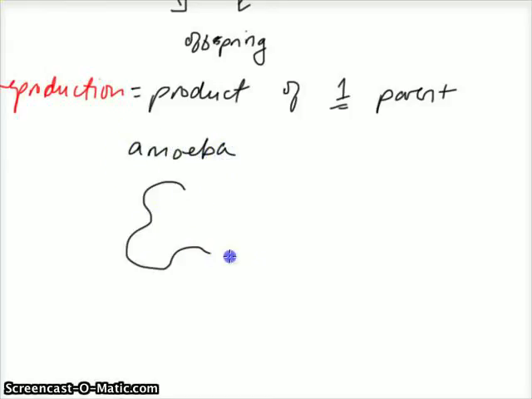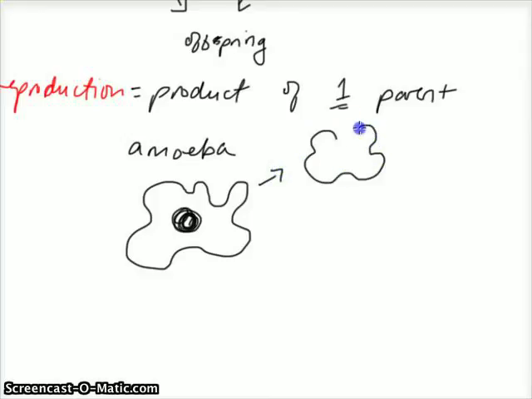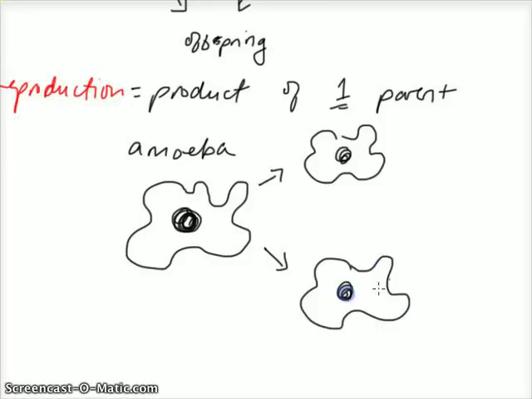An amoeba is a simple eukaryotic organism, meaning it has a nucleus, and it divides by mitosis and cytokinesis. So it divides, it splits into two cells. Because it is a product of a single parent, you don't really see a lot of genetic variation.